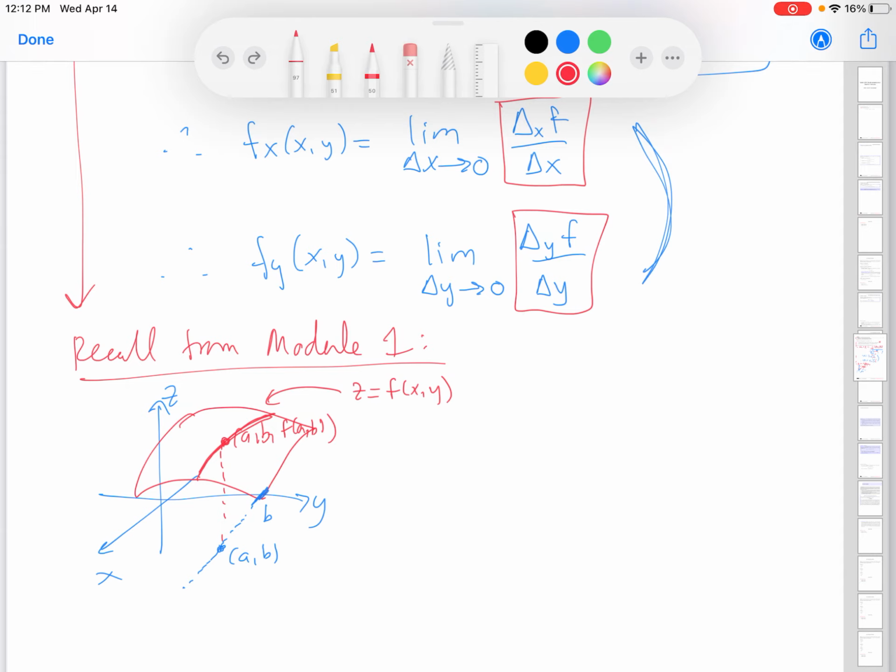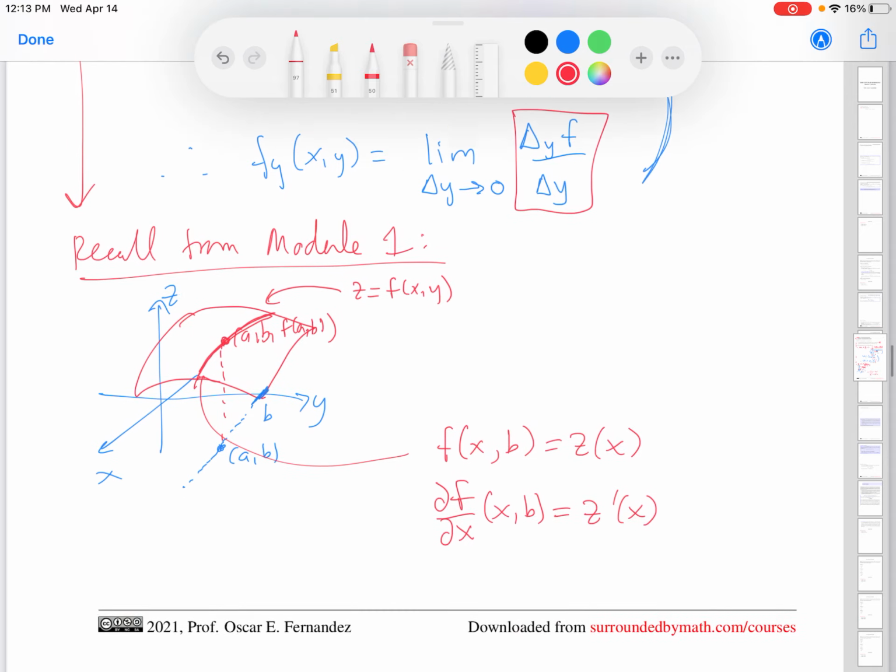And then the idea was that this curve itself is the plot of z with y equals b and x varying. So that is now a single variable function of x. And our idea was that the partial derivative with respect to x along this curve is like the single variable derivative of the function z of x. We've now restricted it to y equals b.